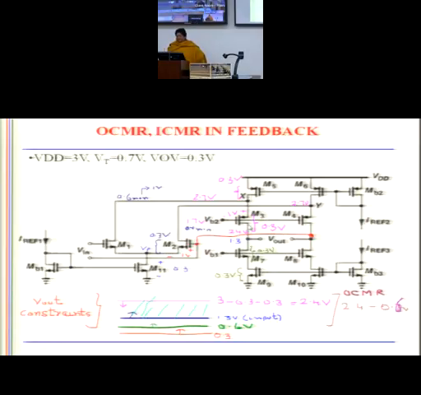At 0.3, this will not operate, because the minimum you require is 0.3, 0.3, 0.3. Clear? So the minimum you want at this node is 0.9.